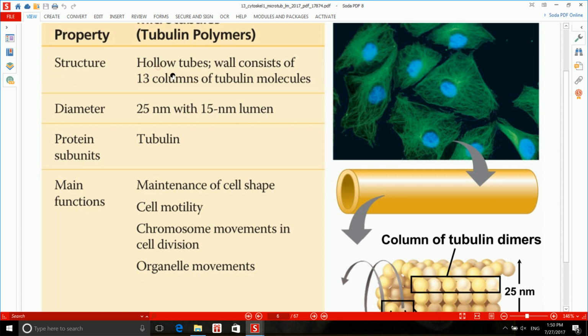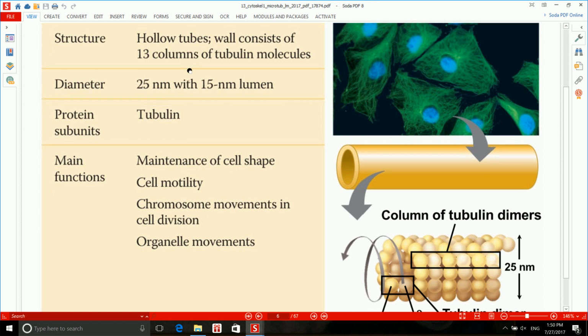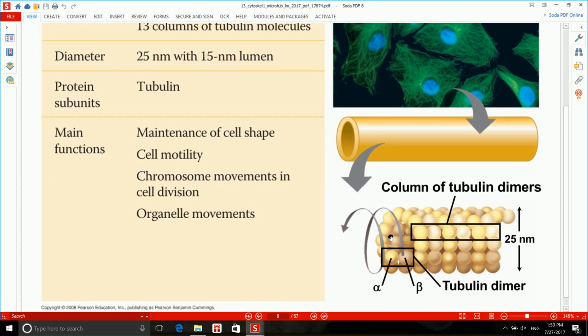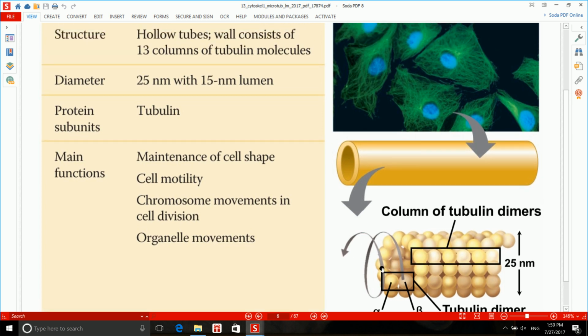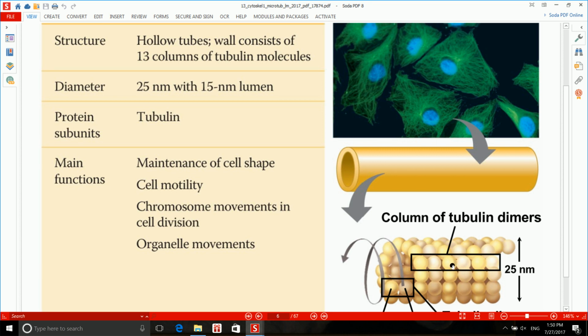Like the structure of microtubules, they form hollow tubes. So when the alpha and beta tubulin monomers form dimers and they form the microtubule filament, they form it in a fashion that there will be a tube with a hollow center. So the center of the tube is empty, there's nothing in it.